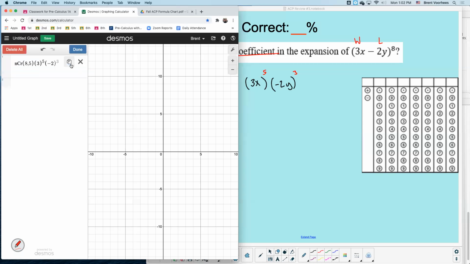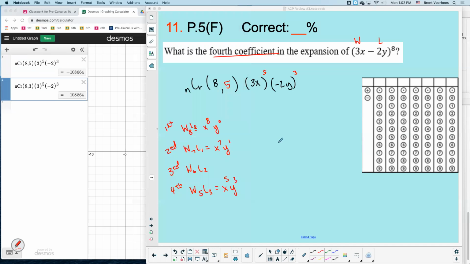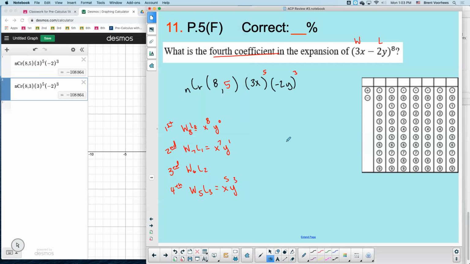And you can see that both answers are the same, whether on the nCr I put 8,5 or 8,3, the numbers are still the same. So the answer, the coefficient, is negative 108,864. And again, it would have x to the 5th, y to the 3rd.